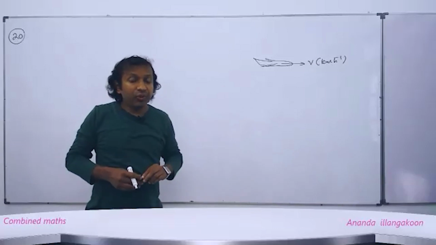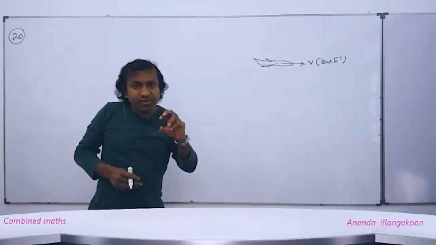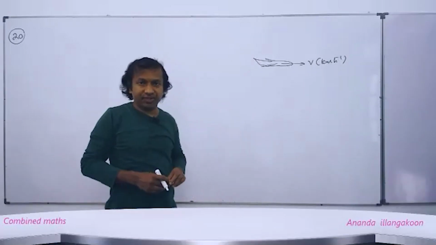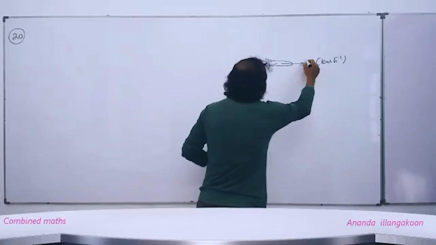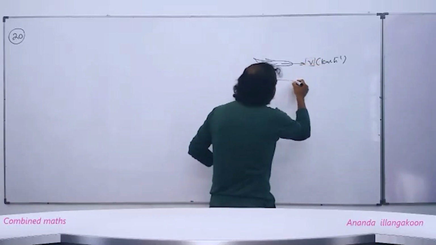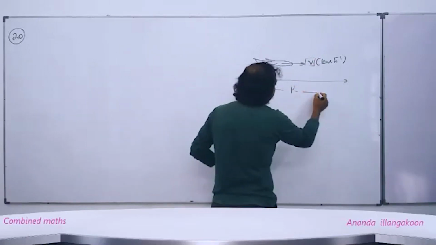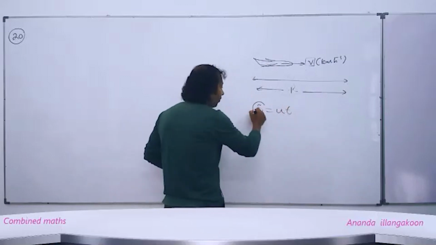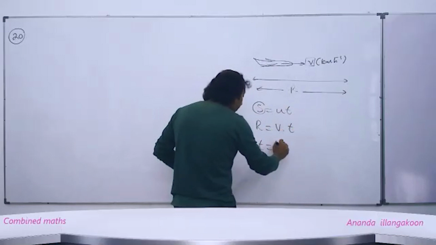Then you can very easily calculate the time the existing fuel is sufficient. But how to calculate time? Maintaining the velocity v, the aeroplane can fly a distance R. Then apply s equals ut. s is R, u is v, time is t. Then t equals R by v.